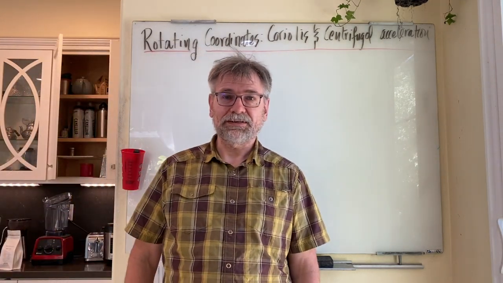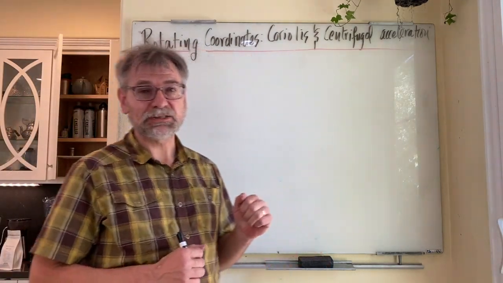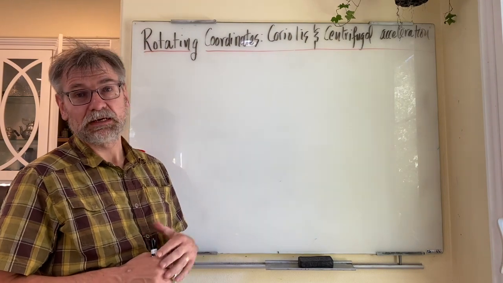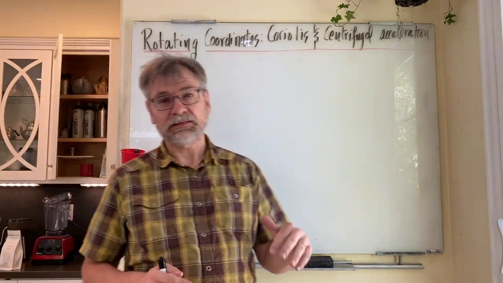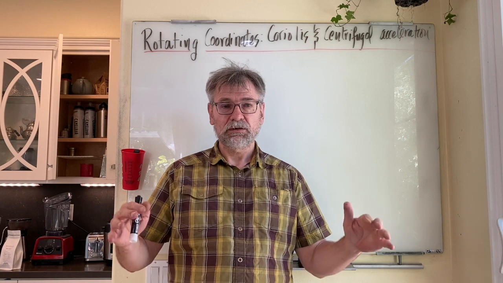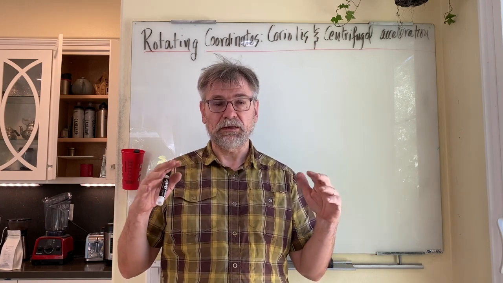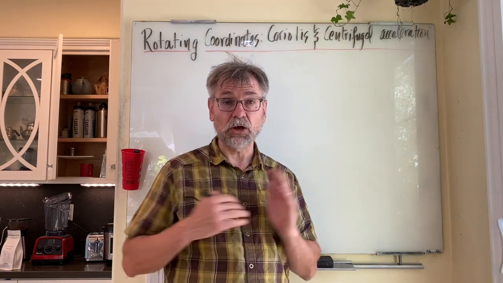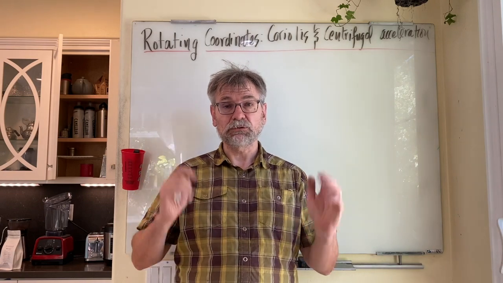All right, so an important thing to take into consideration when we do the equations of motion for the ocean is the fact that we want to describe the ocean relative to a coordinate system that is fixed with the Earth, so that it spins along with the Earth in terms of an absolute frame.